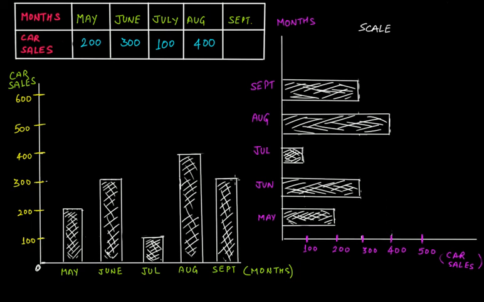It's at the same level as the month of June, and June is at the level of 300. So it's 300 here. So now you saw that using the table we can draw the bar graph or bar diagram, and even using the bar graph, even if we do not know the information stored in the table, we can write the information in the table, we can show the data, right? So this is all about the basics of bar graph and bar diagram.